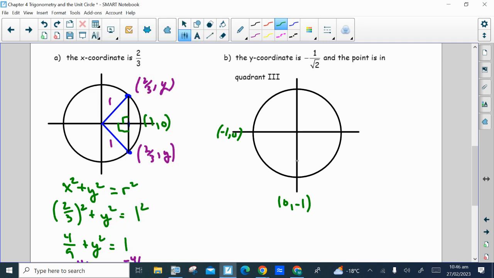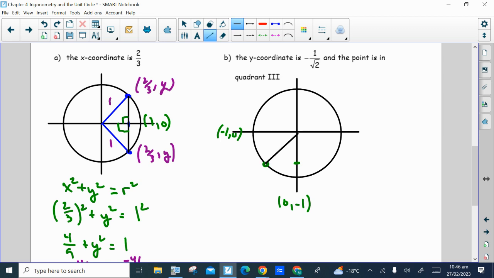Negative 0.707 would be, I don't know, approximately right there. So our rotation arm would hit the unit circle at the same height, approximately 0.707, but it's negative.